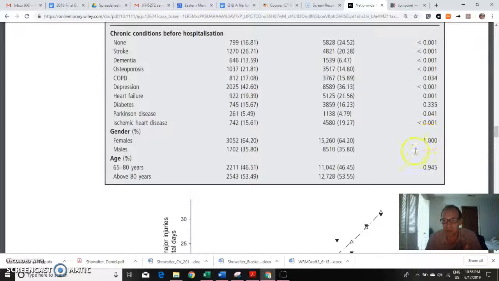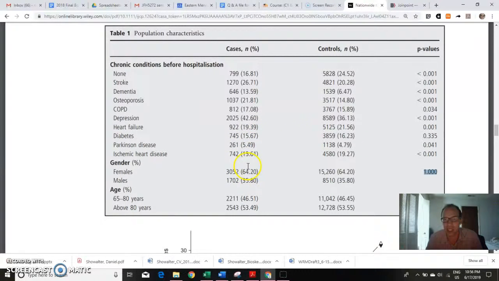However, the only place we really see that is down here. Maybe diabetes was non-significant, but gender and age were certainly non-significant. How in the world could we get a p-value of 1? That means that we see the exact same rate of females to males in this group as we do in this group. Well, that's because they intentionally controlled that.